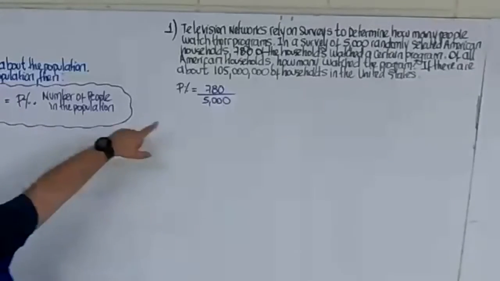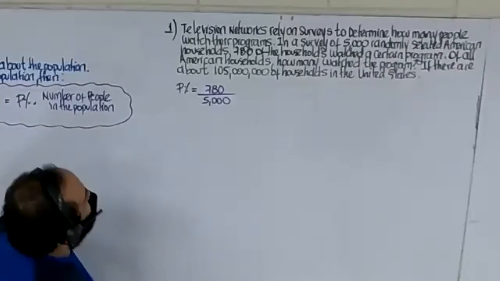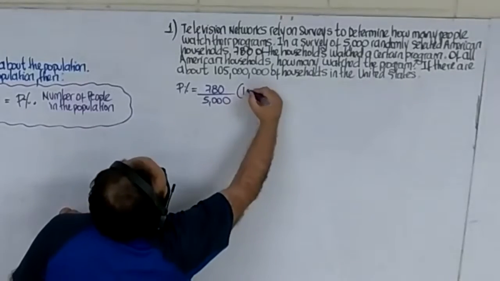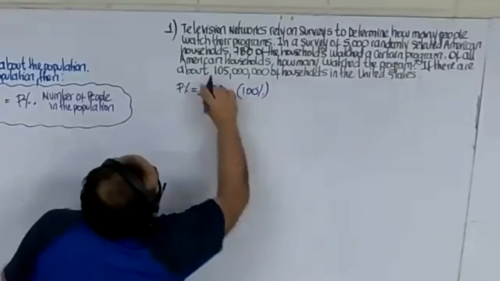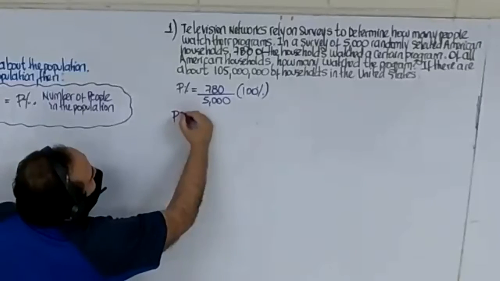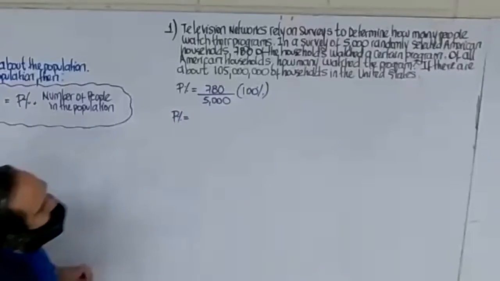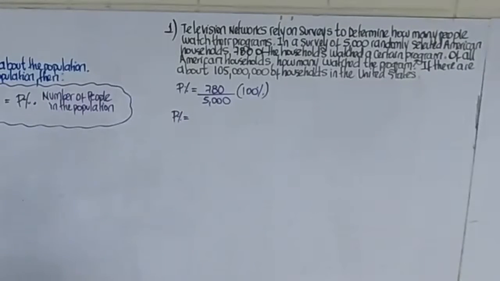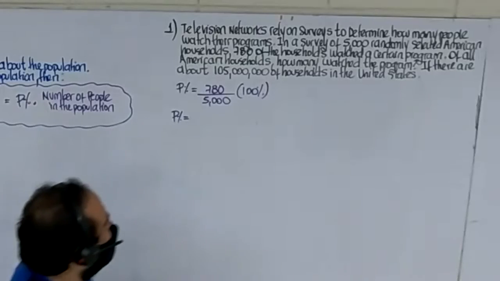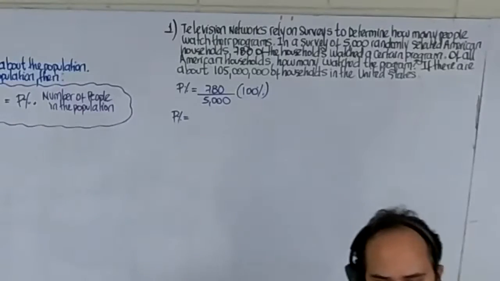We must divide this quantity by this one, and after that multiply by 100% because we're talking about a percentage. So basically, 780 divided by 5,000, and the answer multiplied by 100.